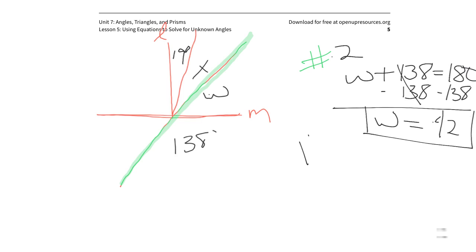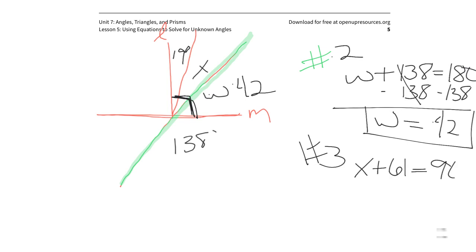And then number 3, if this one is 42, when it tells me that L and M are perpendicular, that means that we have a right angle here, 90 degrees. So 19 plus 42 is 61. So X plus 61 degrees equals 90.